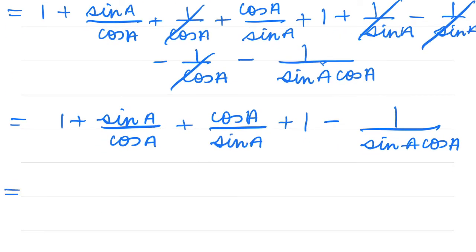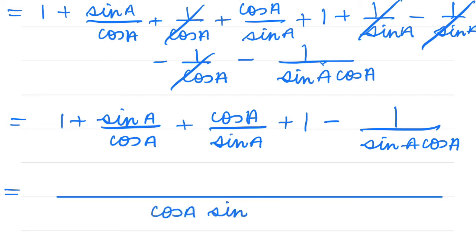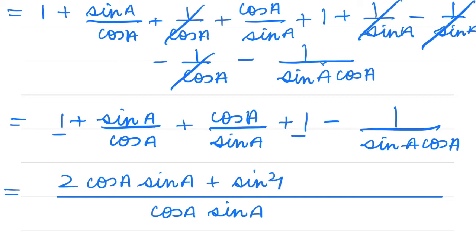So we get LCM as cos A sine A, and here we have 2 cos A sine A. This and this will be added, plus sine square A plus cos square A minus 1.